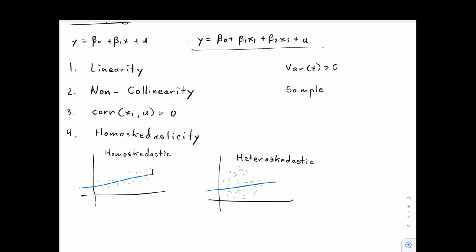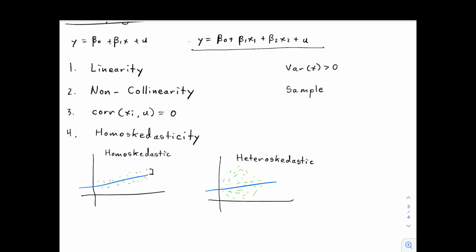In contrast to the sketch on the right, that is heteroscedastic, meaning if you can see how here, around here, we have a smaller distance on average from the blue line representing our model as opposed to here. So when our x values change, so will our variance values. And that's heteroscedastic.